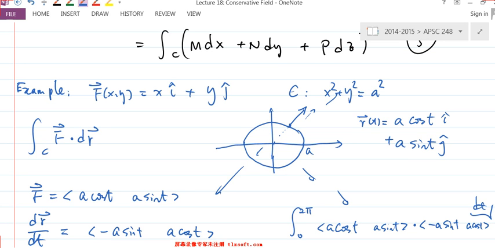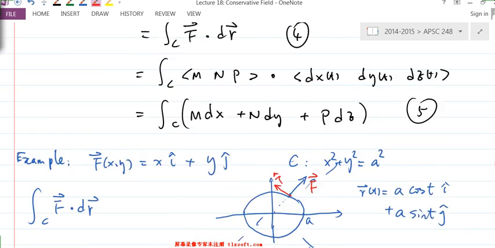And what is the T hat direction? T hat is the tangent vector to the circle. So T hat goes this way and F goes this way. It doesn't matter where you pick the point, F and T hat are always perpendicular.